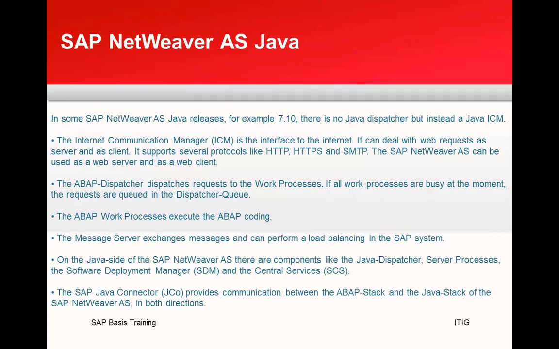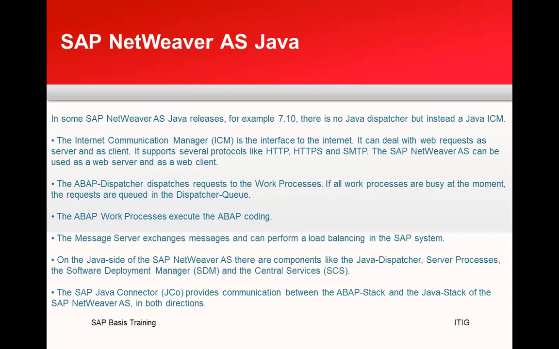The ICM is the interface to the internet. It can deal with web requests as server and as client. It supports protocols like HTTP, HTTPS, and SMTP: the normal HTTP protocol, HTTPS the encrypted protocol, and SMTP the mail transfer protocol. The NetWeaver AS can be used as a web server and as a web client.